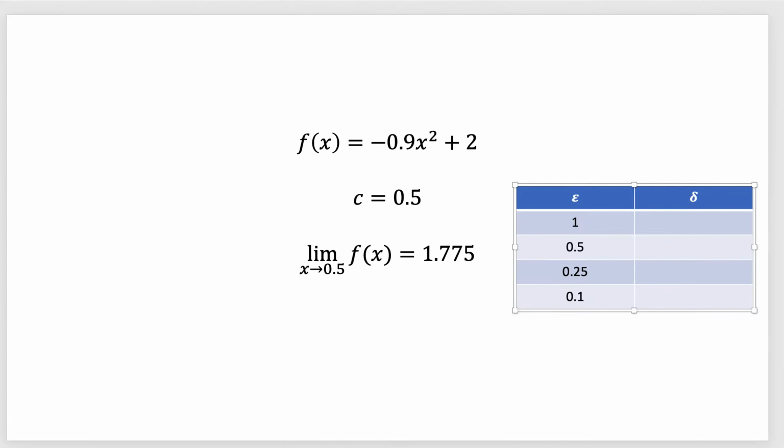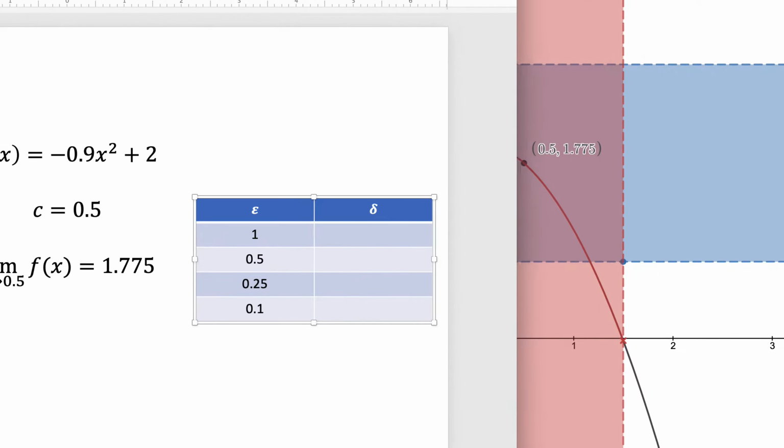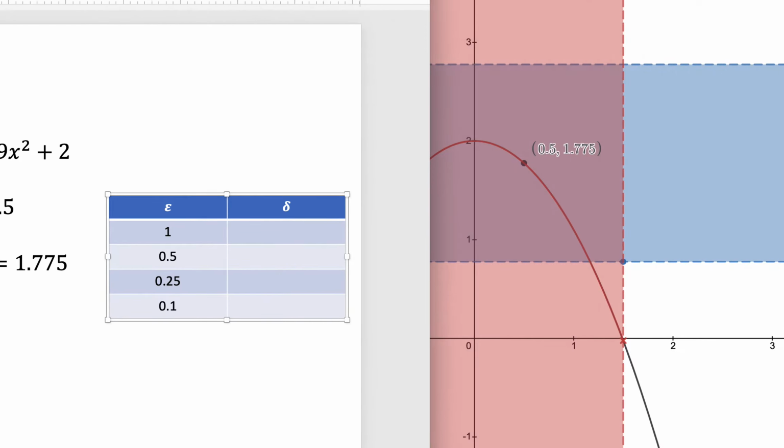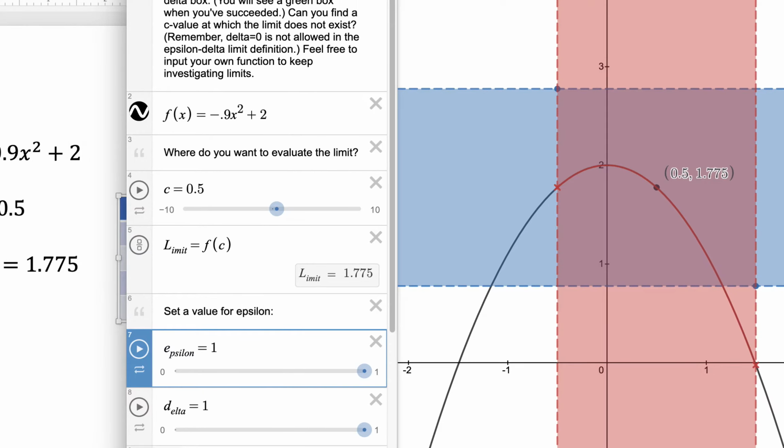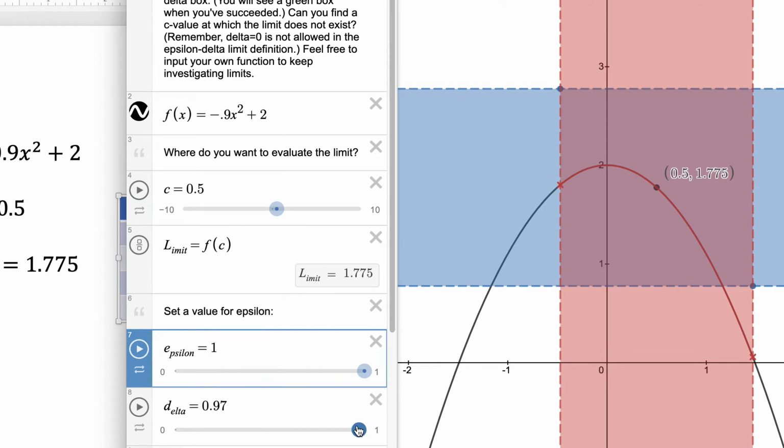That's not making much sense. Let me put it onto the graph here. So here's my graph, and I wanted to start with epsilon equals 1, and I want to slide my deltas.